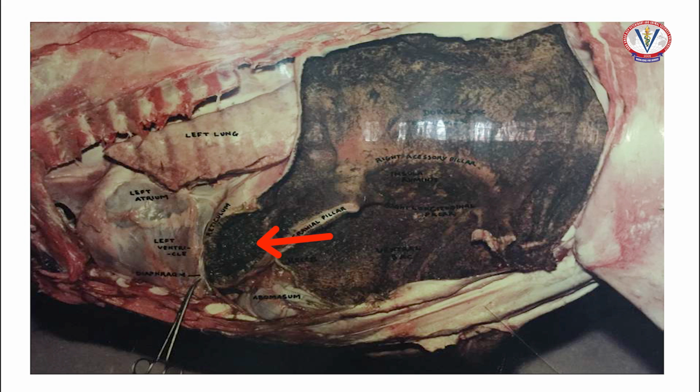The reticulum, which is the most cranial part of the ruminant stomach, lies under cover of the 6th to 8th rib, mainly to the left of the median plane against the diaphragm.